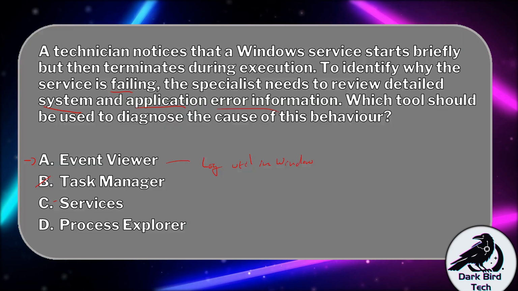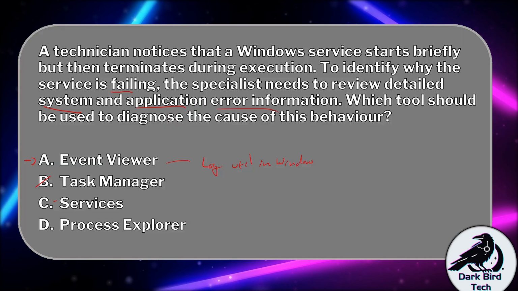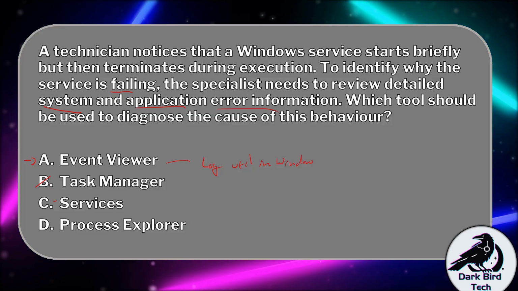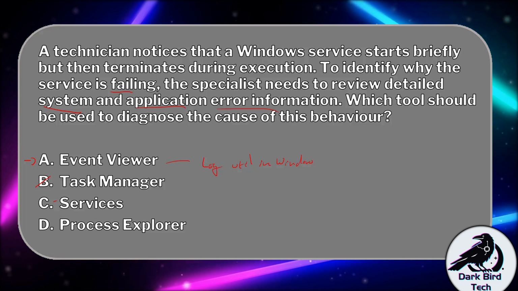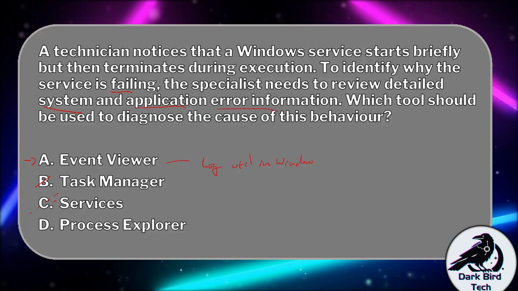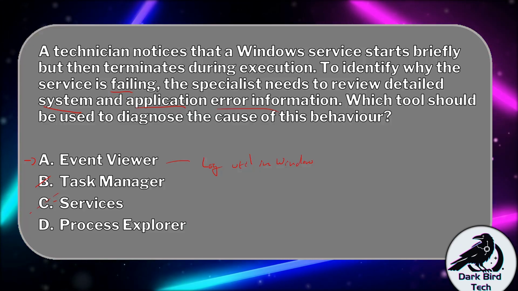But the services window or utility is not going to tell you why an application is terminating, especially considering that they describe a situation where the service starts but then terminates while it's running or executing. So although it's a useful tool, and I probably would look at it, it's not necessarily going to guarantee me a lead to the root cause of the problem and therefore help me troubleshoot.